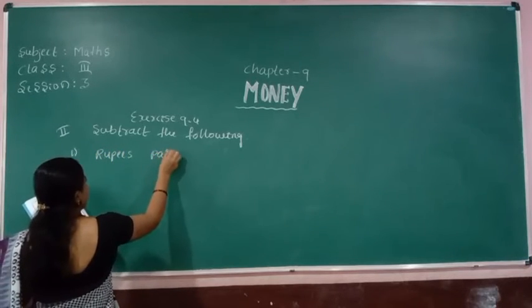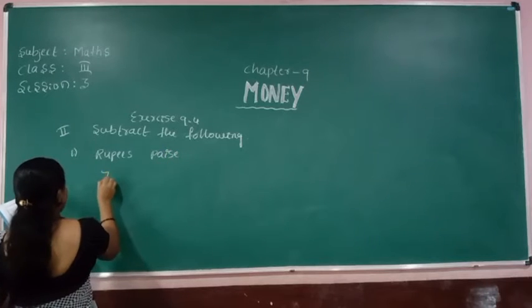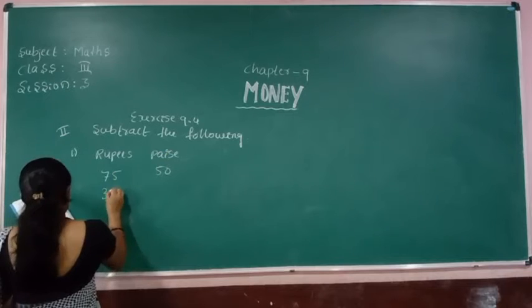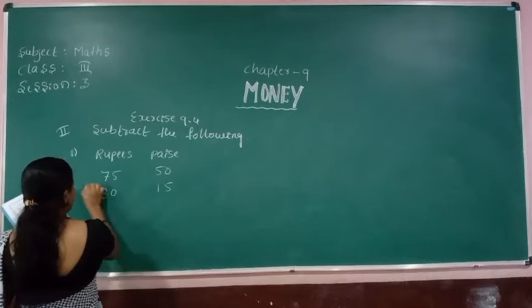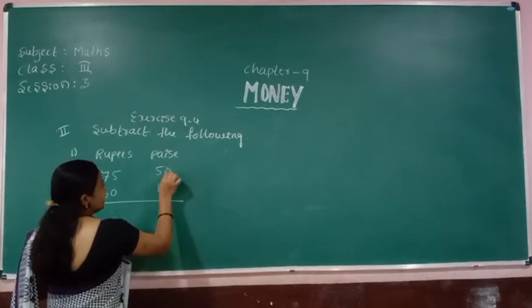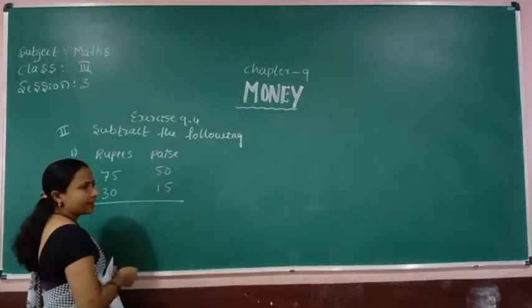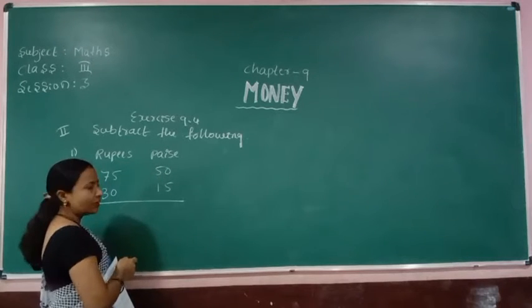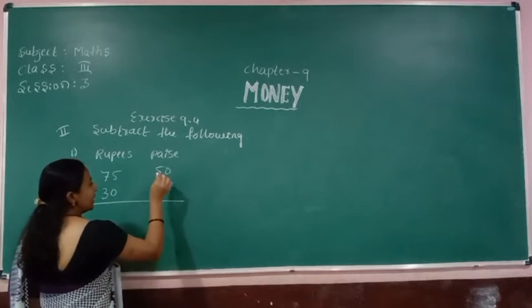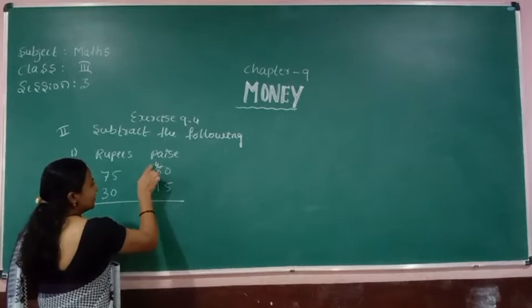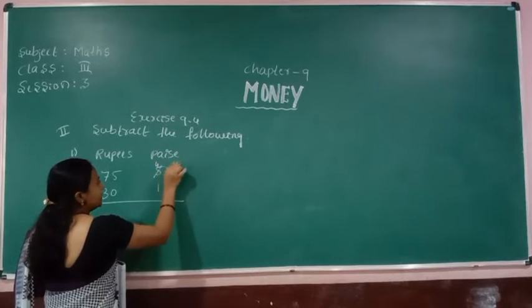In this main, the first one, see, rupees and paise: 75 rupees 50 paise, 30 rupees 15 paise. Now we will first do 0 minus 5. 5 is bigger than 0. What will we do? In that case we take 1 from this number, so it becomes 4, and this becomes 10.